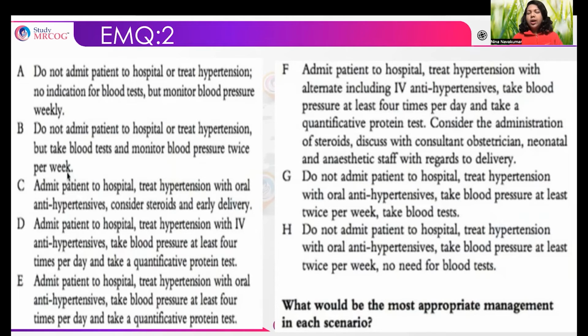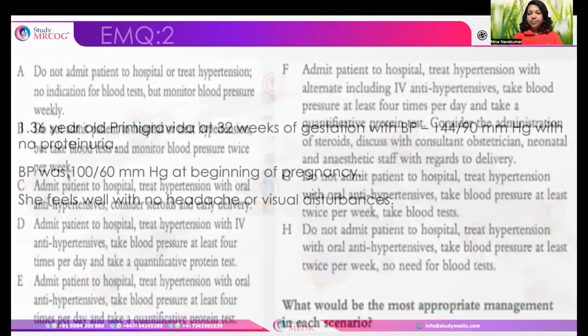Option G was do not admit to hospital, treat hypertension with oral antihypertensives, and blood pressure check at least twice per week and take blood tests. Option H was do not admit to hospital, treat hypertension with oral medication, and take the blood pressure at least twice per week. No need for blood tests. So what would be your option?